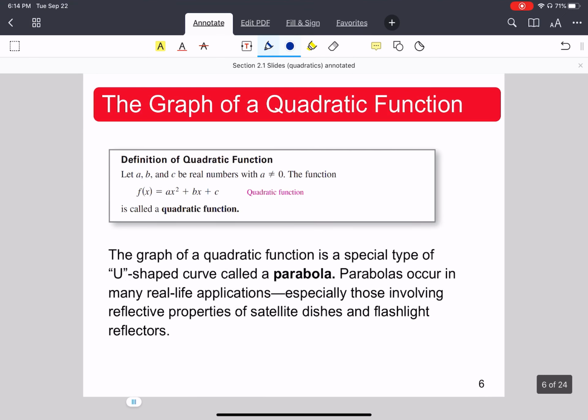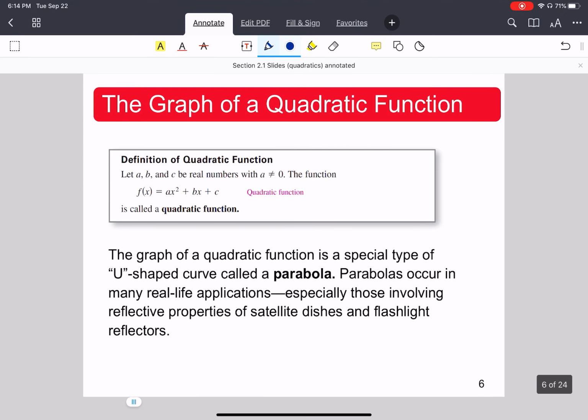All right, so specifically defining what a quadratic function is, we're going to say let a, b, c be real numbers with a not 0. Then the function f of x equals ax squared plus bx plus c is called a quadratic function.